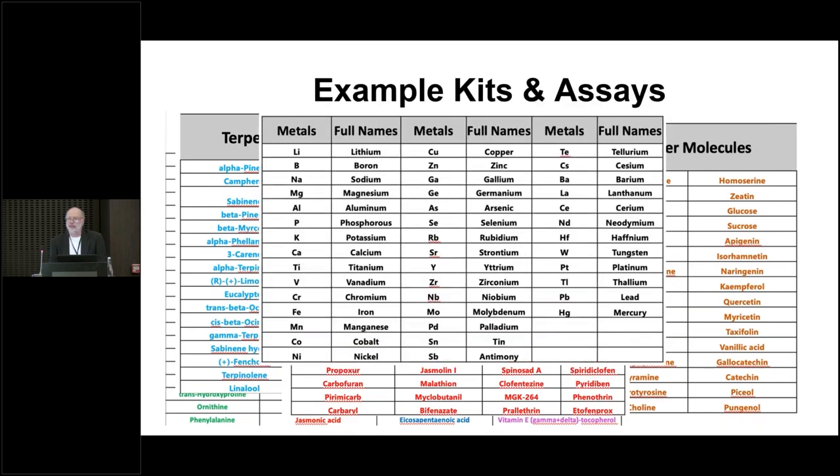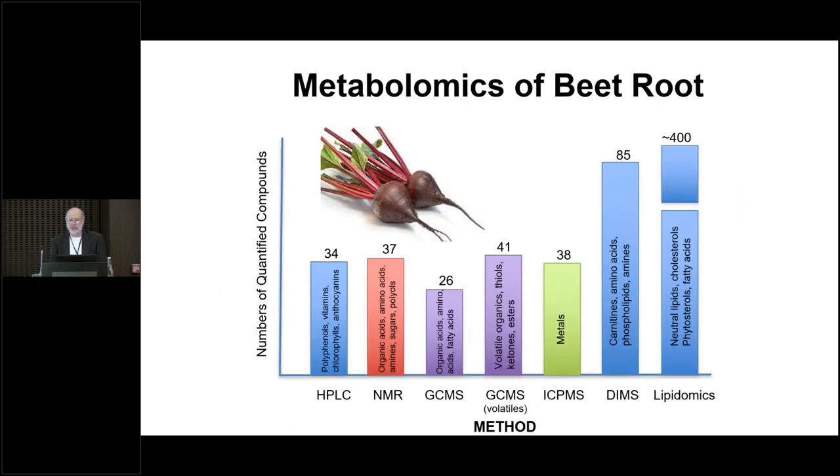And again, the metals, because plants tend to concentrate metals from the environment. So depending on the food type, depending on the situation, we'll have different kits for different samples. These are primarily GC, LC, MS, and ICP-MS measurements.